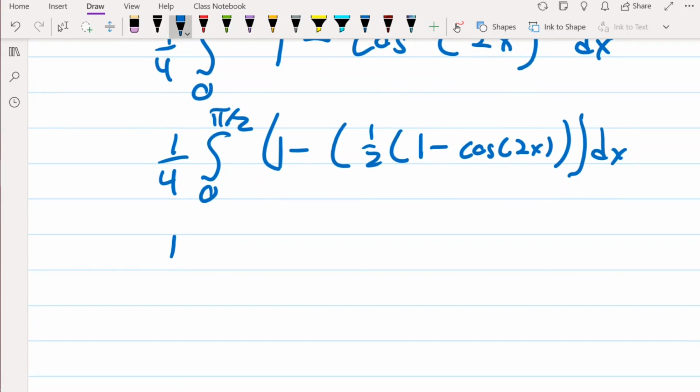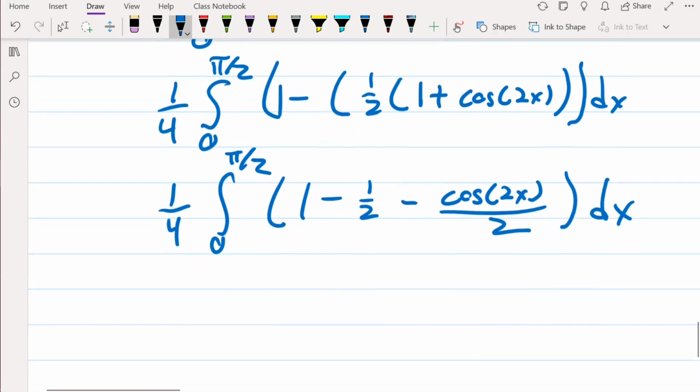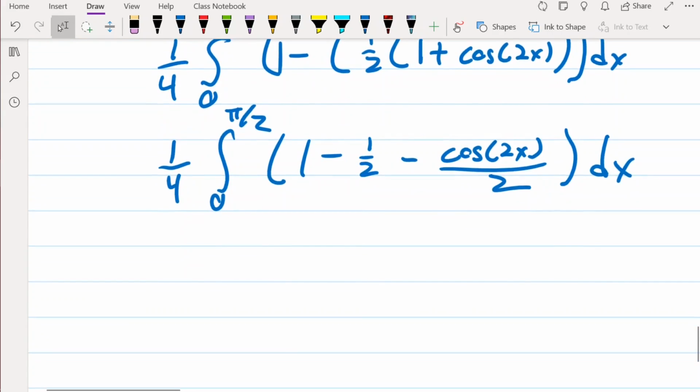And then that will have to be distributed. Oh, and that should be a plus, not a minus. So that'll be minus 1/2 being distributed to those. Then simplify this couple of terms together.